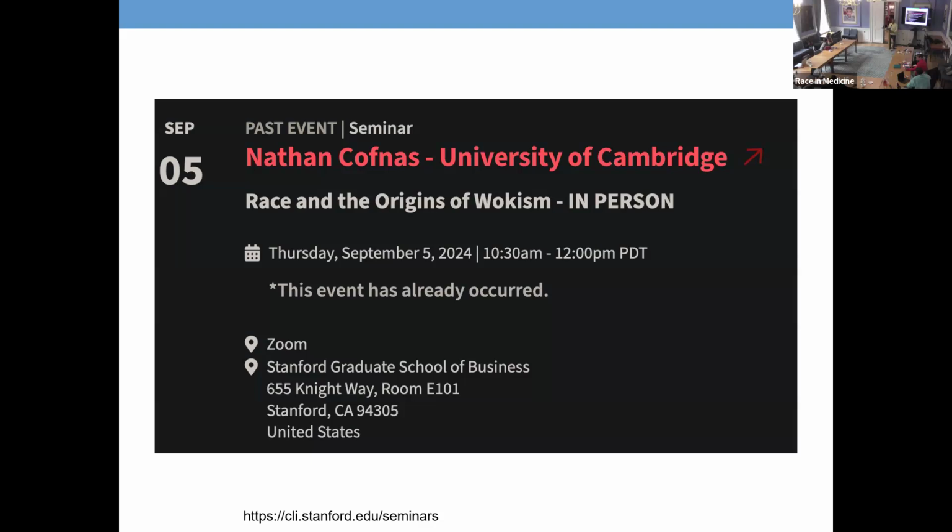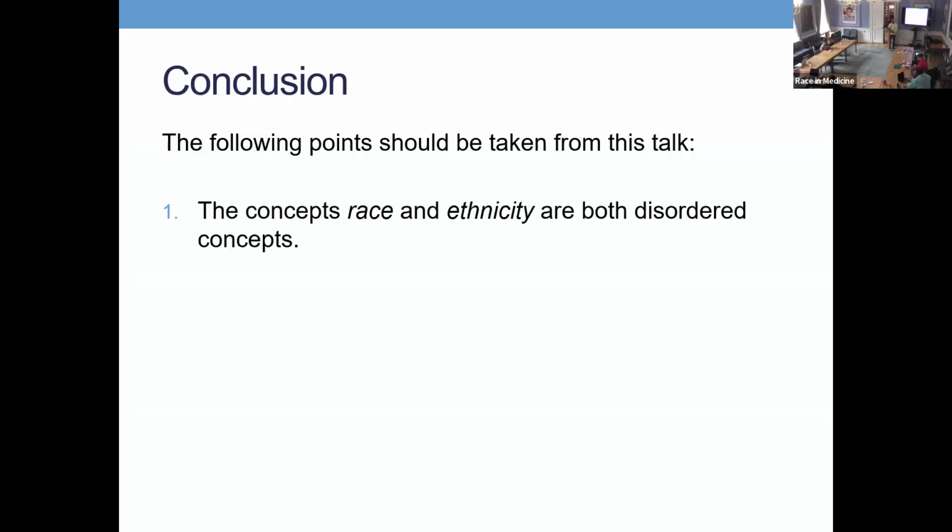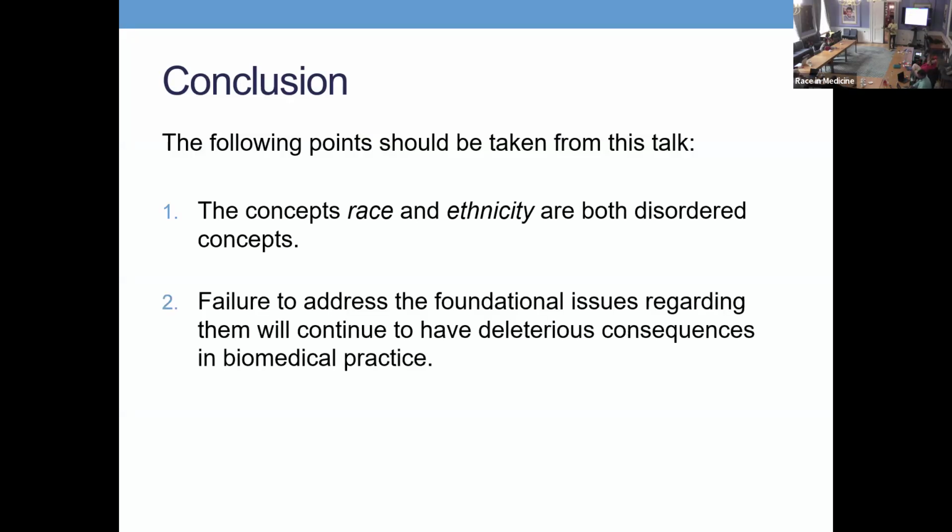So, in conclusion, the following points should be taken from this talk. There might be others, but at least hopefully you got this from me. A, the concepts of race and ethnicity are both disordered concepts. There are not really clear hierarchical understandings regarding the two. Failure to address the foundational issues regarding both of those concepts will continue to have deleterious consequences in biomedical practice.